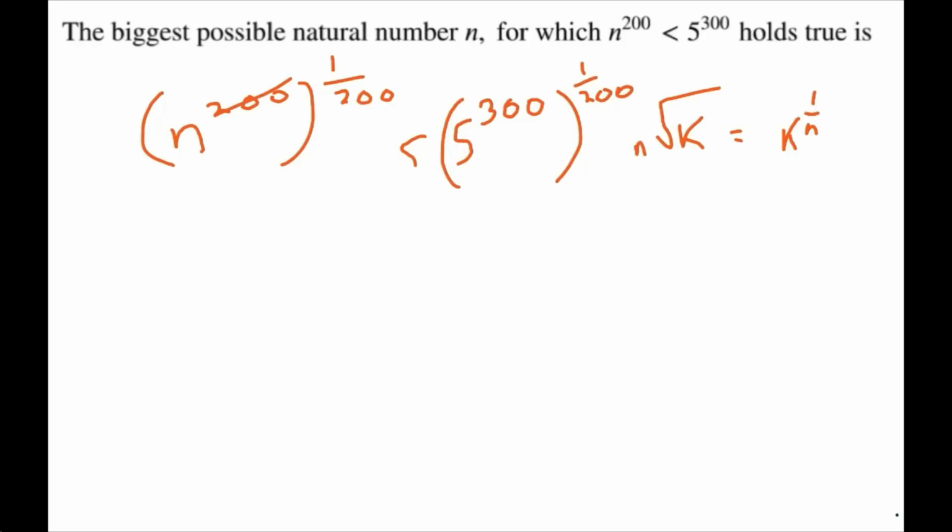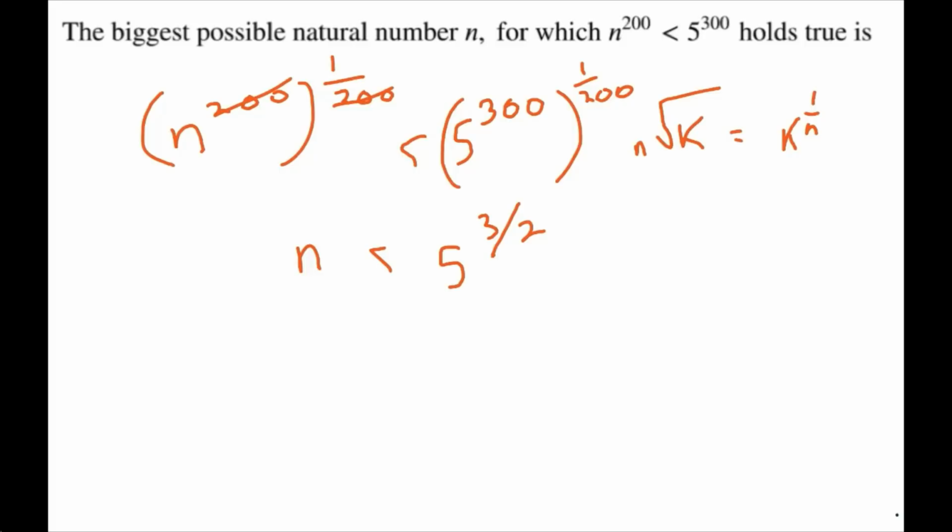So here the 200s cancel out. So we're left with n is less than 5 to the power of 3 divided by 2. Now we just have to calculate what 5 to the power of 3 divided by 2 is, approximately, as n is an integer, not a rational number or irrational number.